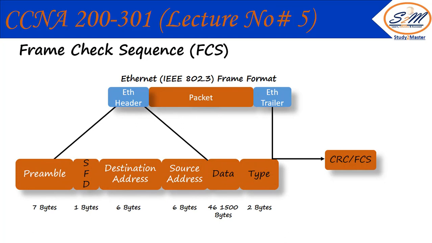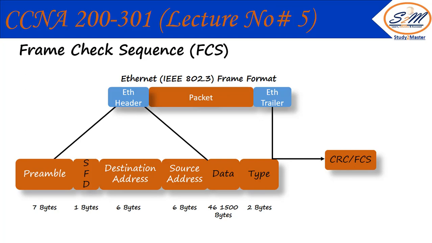Frame check sequence. So this is a review of the Ethernet IEEE 802.3 frame. Ethernet header, packet, Ethernet trailer. The preamble is 7 bytes. The SFD, start frame delimiter, is 1 byte.